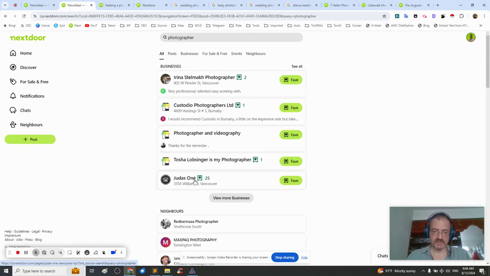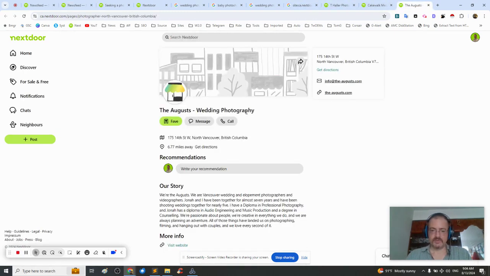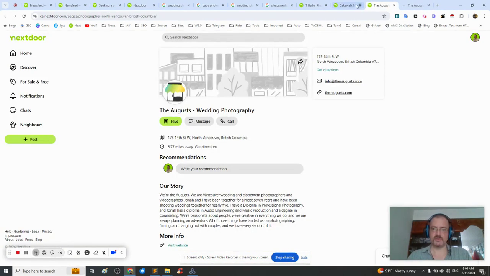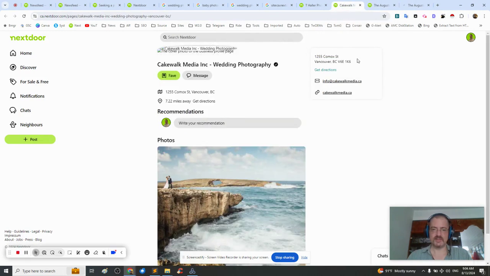So this one, I'm not sure it's a photographer. And I went to another one. This one, I don't know if it is still active, but it seems to be, and needs a lot of improvement in terms of banner and profile picture. The story is here, but the rest is pretty bleak. So they would need to polish their Nextdoor presence. And here is another one where somehow the banner and the profile picture are broken.